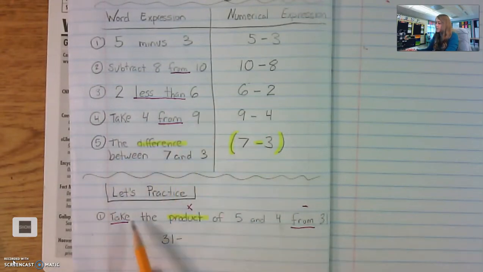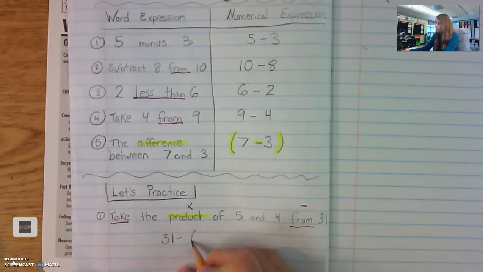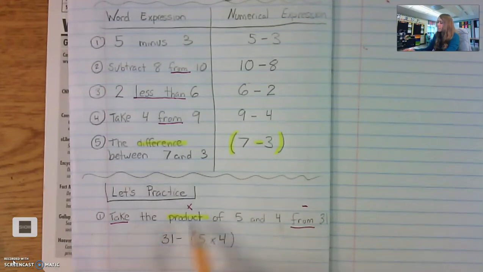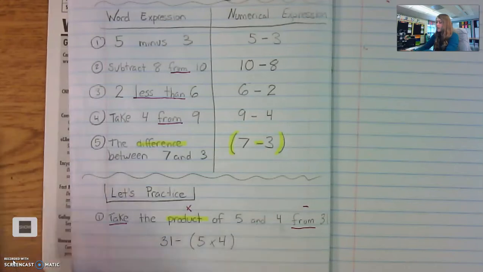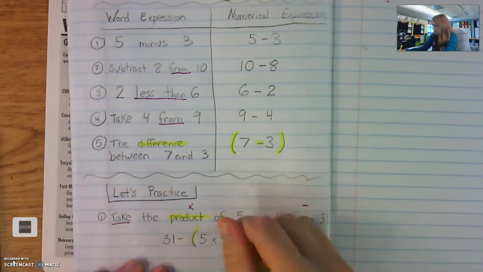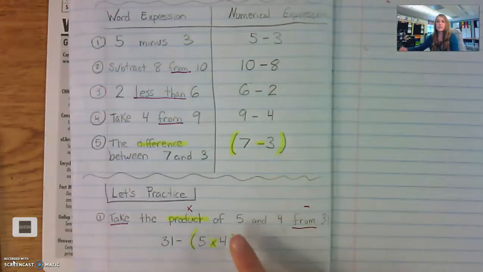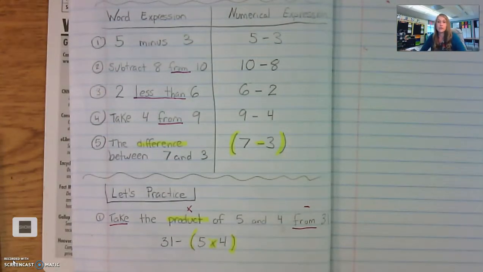So here it says take the product from 31. So I know I write product as multiplication. The product of what? 5 and 4. Take the product of 5 and 4 from 31. Do you see how we can use our chart to help us make sure we're writing our equation correctly?